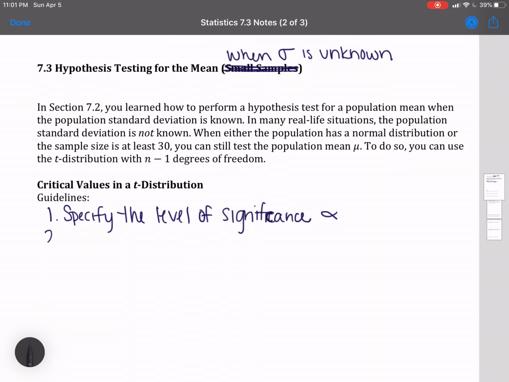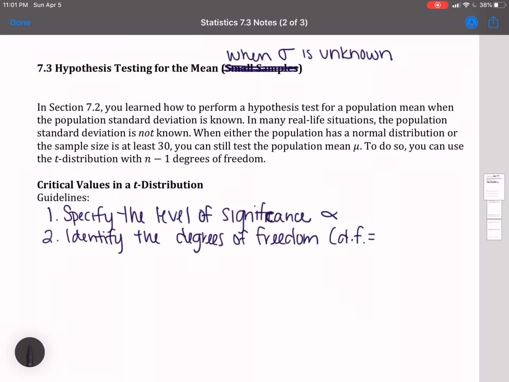Okay, the second thing is we're going to identify the degrees of freedom. So we're bringing back that idea of the degrees of freedom, which remember is going to be abbreviated DF. And we find that by doing n-1.